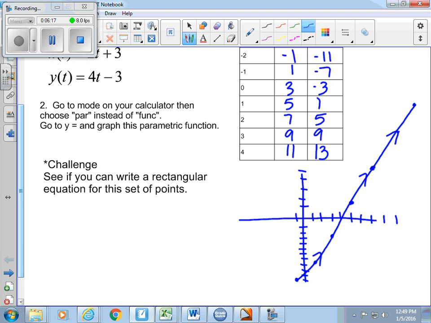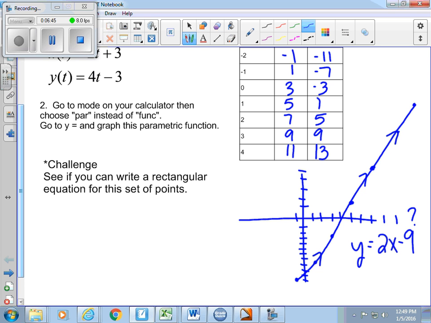Then I asked you a challenge question. See if you can write the rectangular coordinates for that set of parametric equations. So that's the theory.